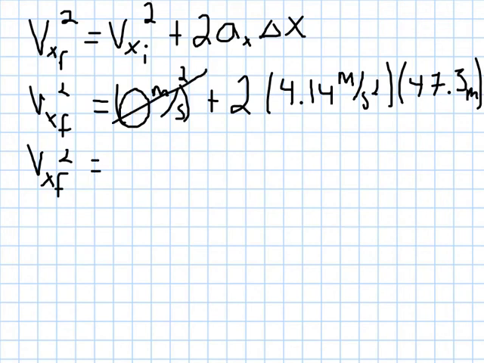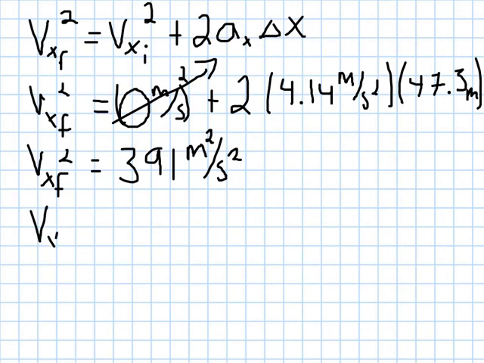So I'm going to take a simplification step. We're going to drop off this 0 part. That just goes to 0. And 2 times 4.14 times 47.3 works out to 391. And the units at this point are meters squared per second squared. To get just Vxf, I have to take the square root of that.